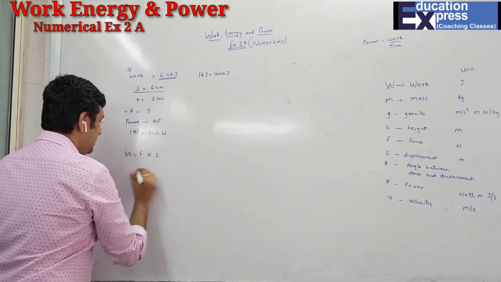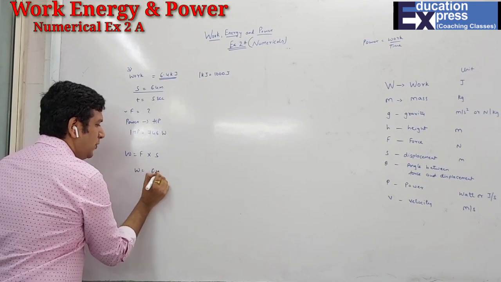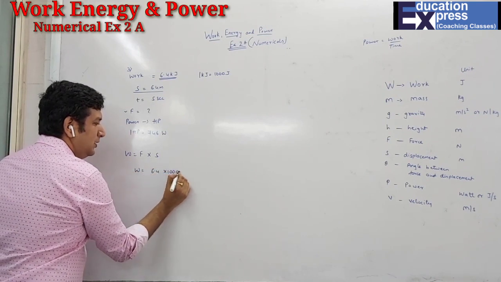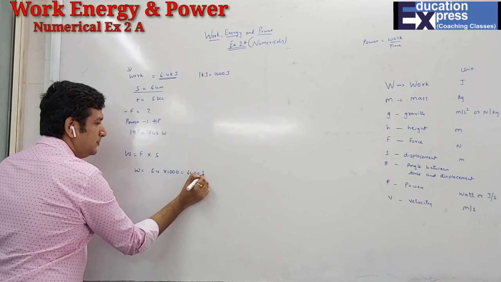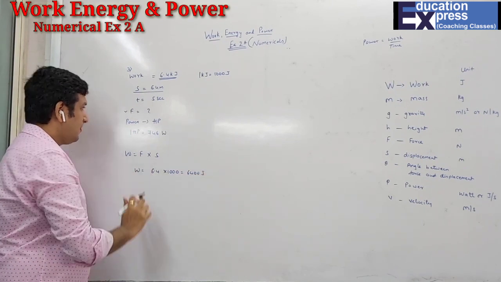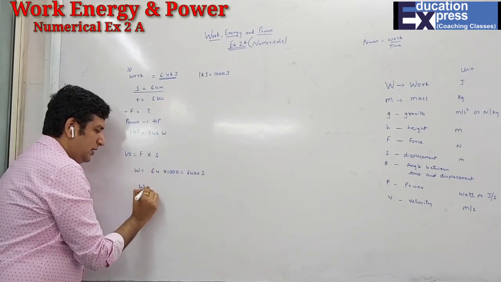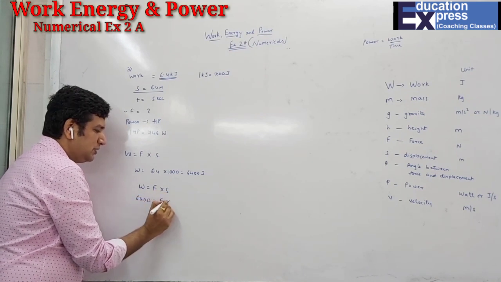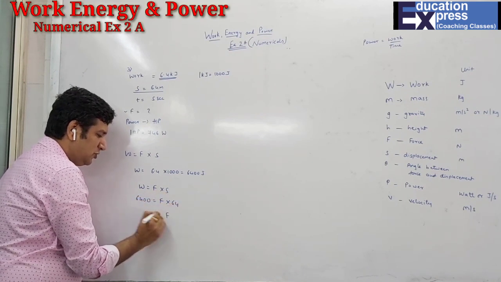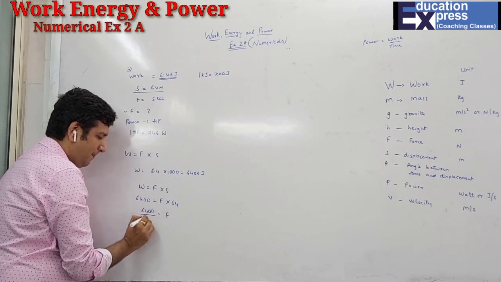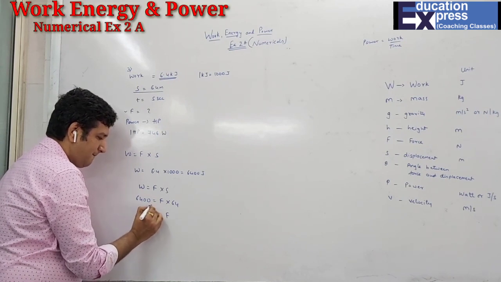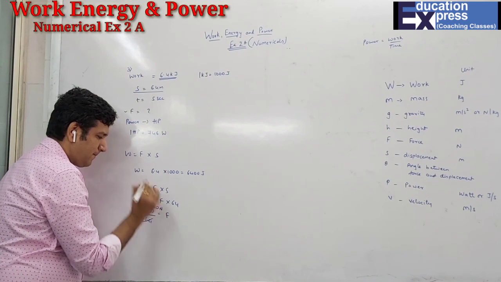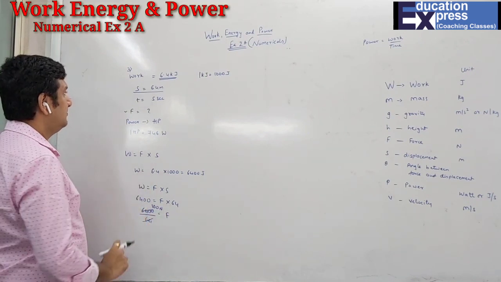So the work over here will be 6.4 into 1000, that is 6400 joule. Now work is F into S. Work is 6400, displacement is 64 meters. So force will be 6400 upon 64. So force is 100 Newton.